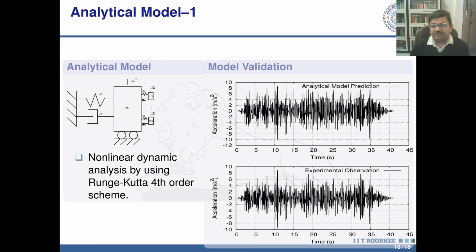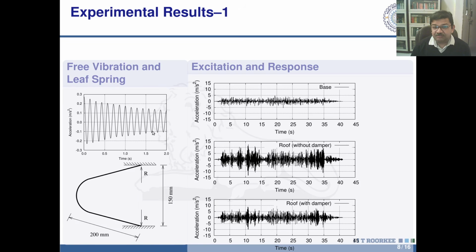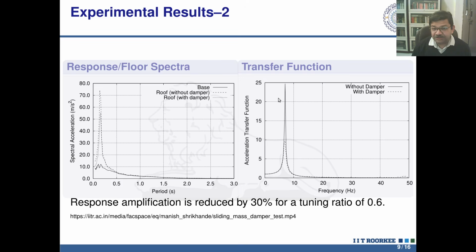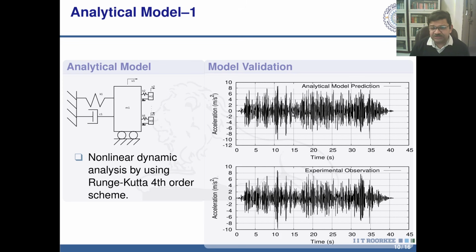So now we have the analytical model prediction. This is the response of this mass predicted for the base excitation that was recorded. This is the response predicted by the model, and this was the response of the roof that was recorded by the accelerometer.